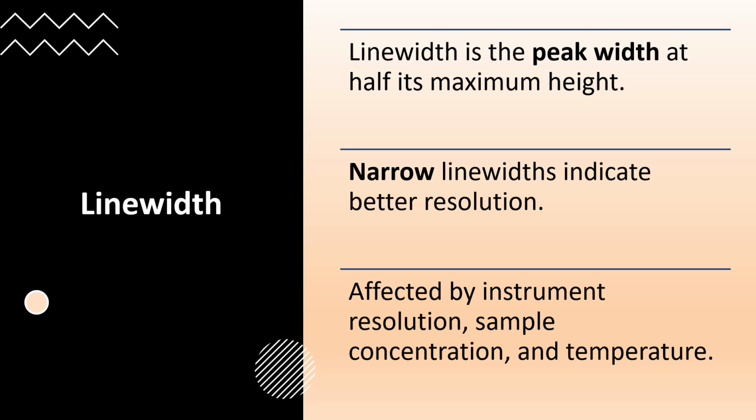Broad peaks often indicate dynamic processes like rapid tumbling or unresolved coupling, common in larger molecules or viscous samples. In contrast, sharp peaks suggest well-resolved interactions in smaller, stable molecules. Line width is particularly useful in studying biomolecules and dynamic systems, offering valuable information about their structure and behavior.